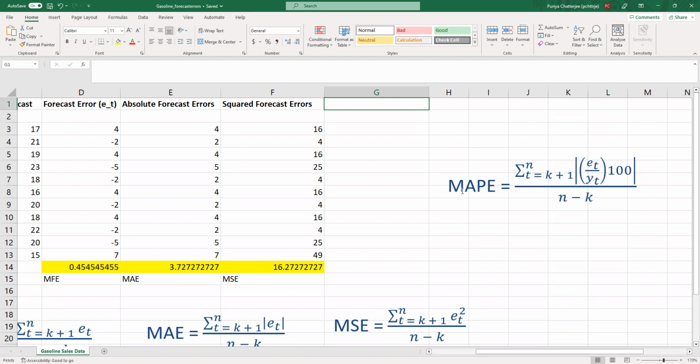So the full form of MAPE is mean absolute percentage error. Okay, so we are going to do first percentage, then absolute, and then take the mean. So before we take the mean, we need to create the absolute percentage errors.